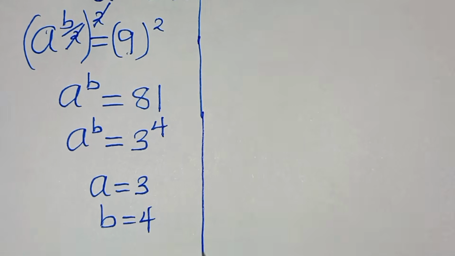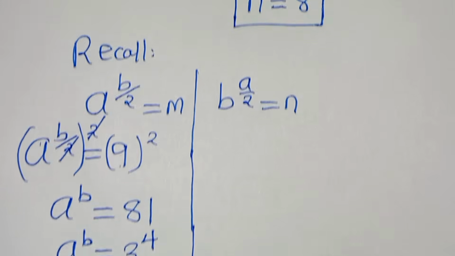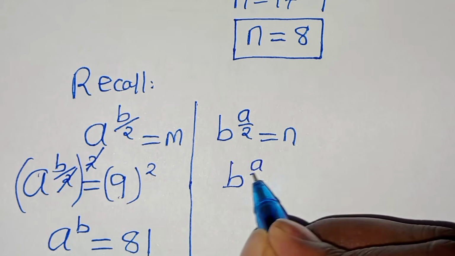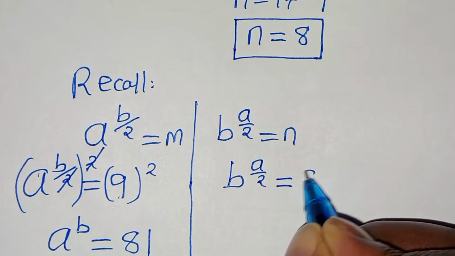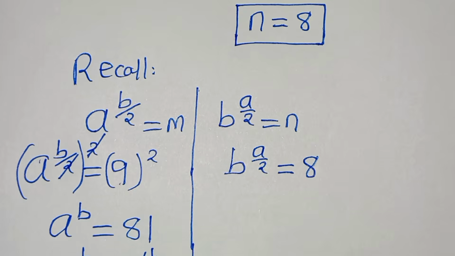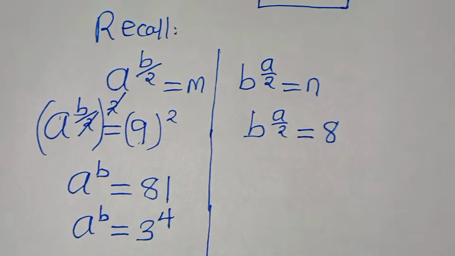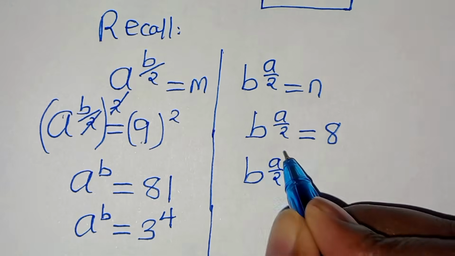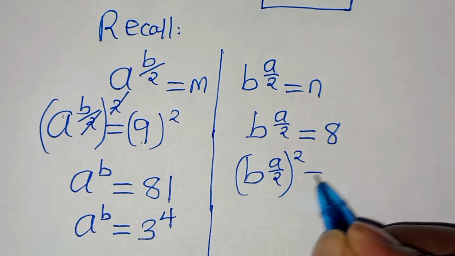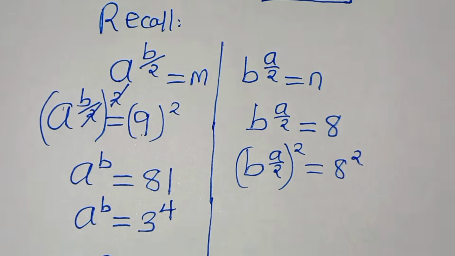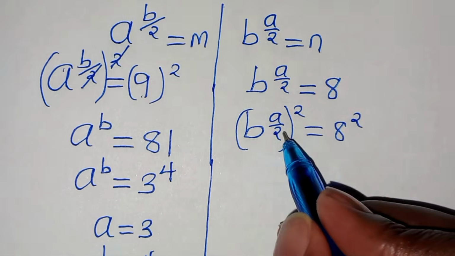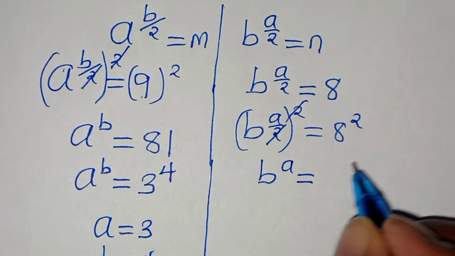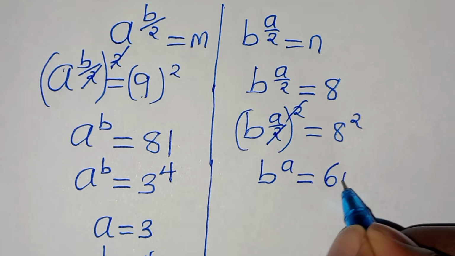Now let's check with the case of b. We have b to the power of a over 2 equal to n, which is 8. Again, let's square both sides, so this is raised to the power of 2 and equal to 8 to the power of 2. Simplifying, we have b to the power of a equal to 8 squared, which is 64.